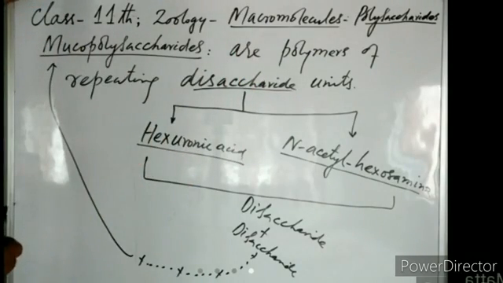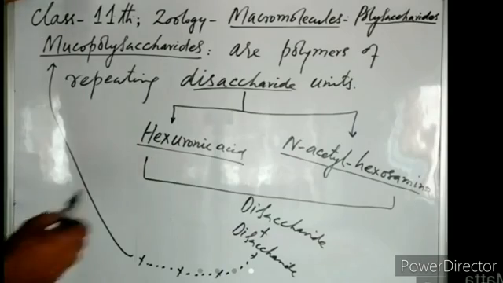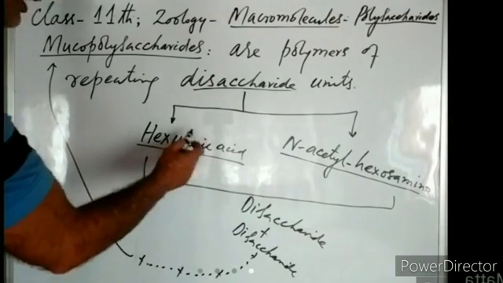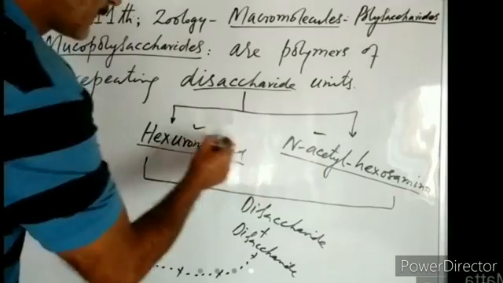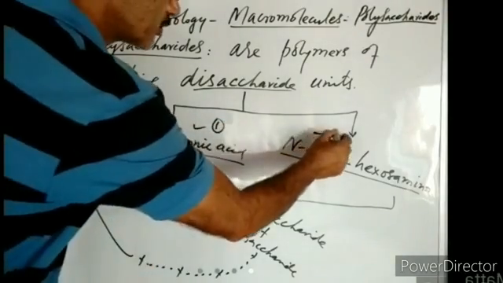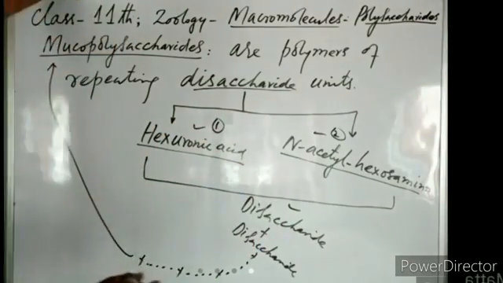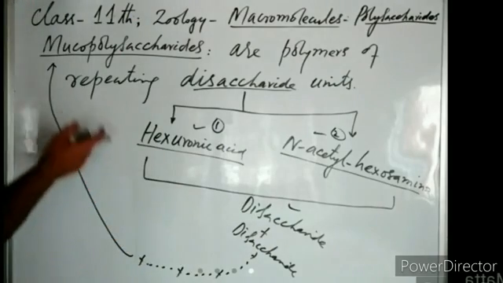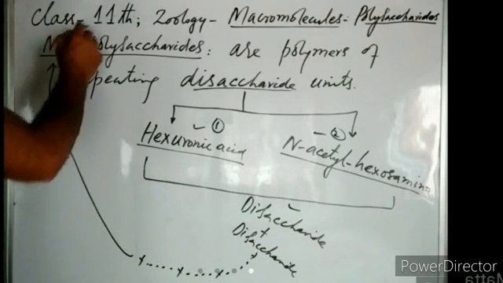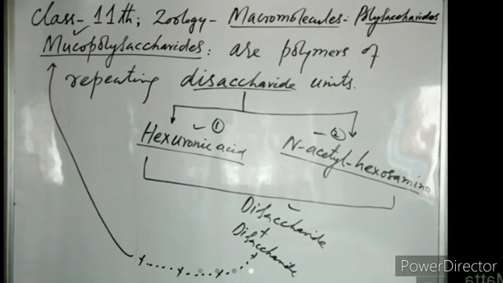Here one disaccharide is first formed by the combination of one sugar with a different sugar. Then many such disaccharides combine together and form a long polysaccharide known as a mucopolysaccharide, right?